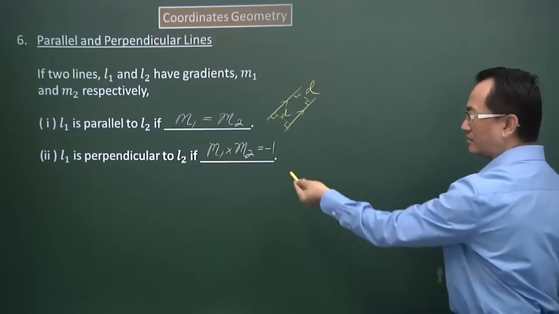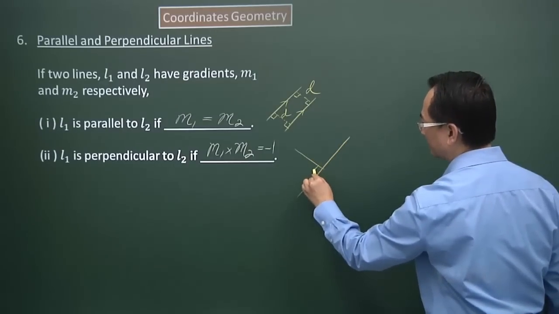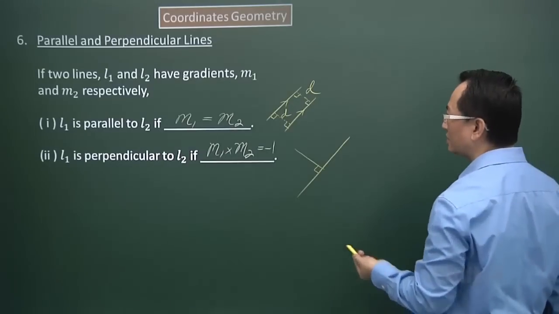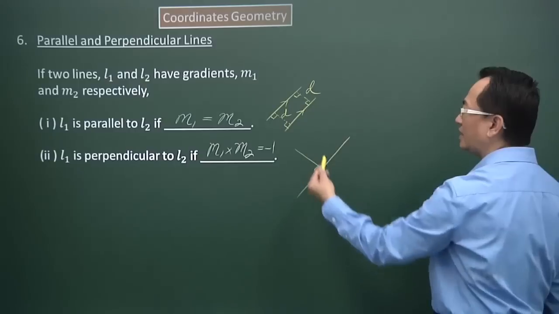As for part 2, perpendicular lines, the two lines are at right angles to each other. So the product of the gradients would be -1.